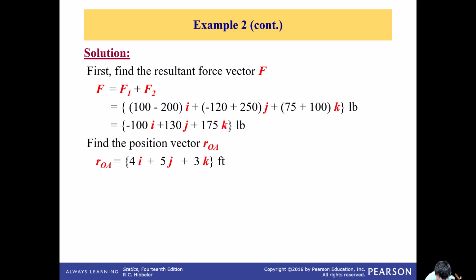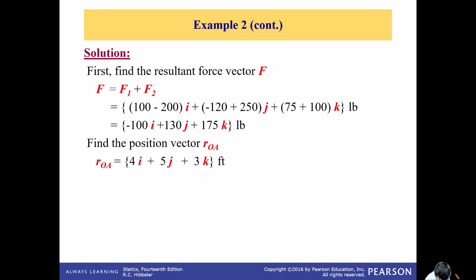And then what's the position vector of ROA? We know the A point's coordinates are 4 feet in X, 5 feet in Y, and 3 feet in Z. Therefore the position vector ROA will be 4i plus 5j plus 3k feet, as we are showing here.